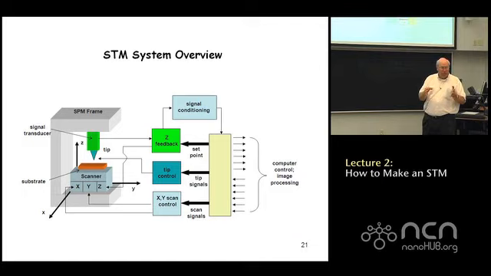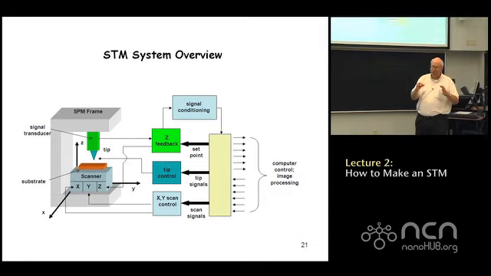You measure the tunnel current, which is typically a fraction of a nanoamp. You can't control on currents easily. You have to control on voltages. So you have to take that tunnel current and convert it into a voltage, and the way you do that is with a current to voltage amplifier, right?